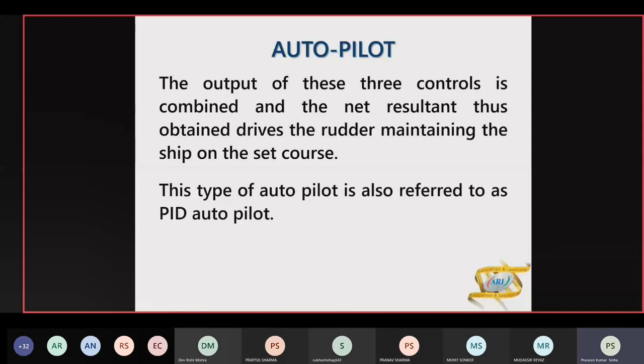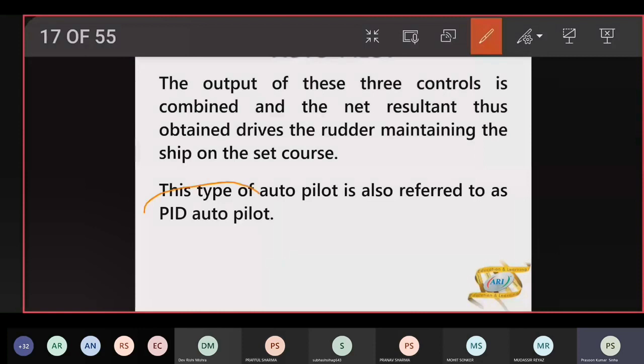Not integrated separately, but combined, which is comparator, integrator, differentiator, summing amplifier, सबको मिला करके all this is done together. This type of rudder, as we had initially seen, is called PID autopilot. Mostly what we find is PID autopilot in the ships.